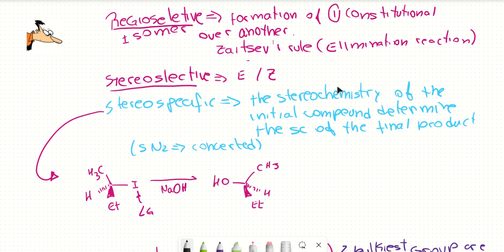This is concerted, so everything happens at one time. This is stereospecific because the stereochemistry of our initial compound will determine my final product. So if I have R over here, I'm going to have S at the end, okay?